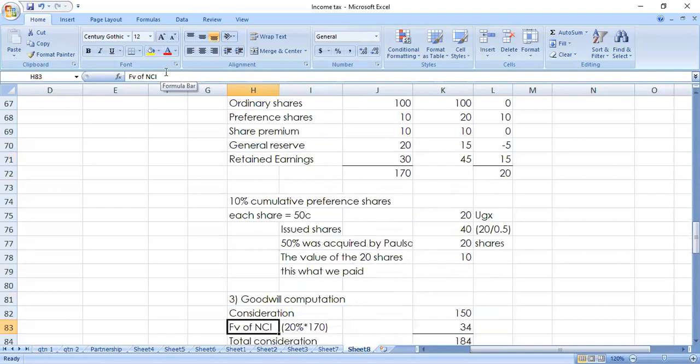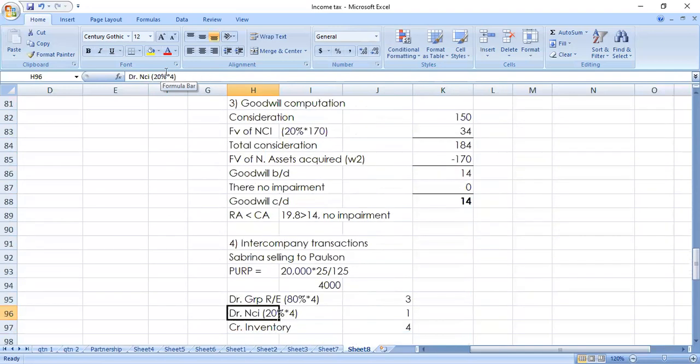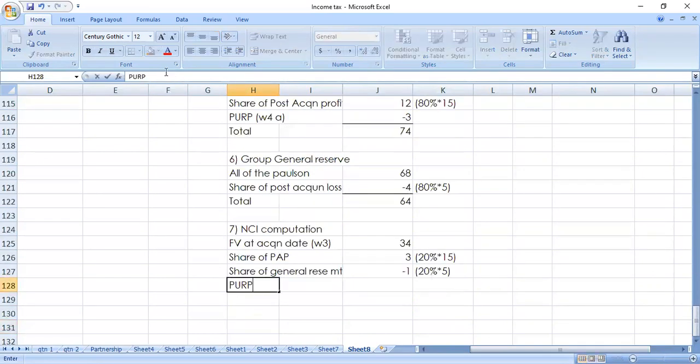Then goodwill, there's no impairment. Then intercompany, there's the unrealized profit affecting the NCI. It's a debit, so it's a negative. So come and bring it, unrealized profit from working number 4. It was a 1 as we split it, the way we put it there.